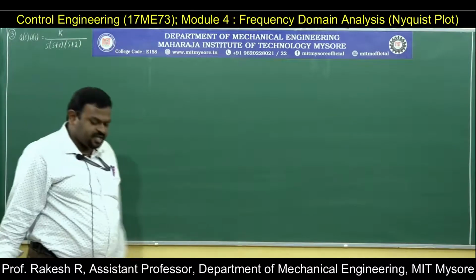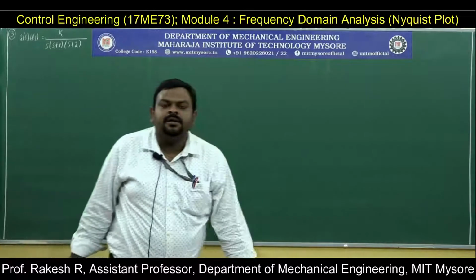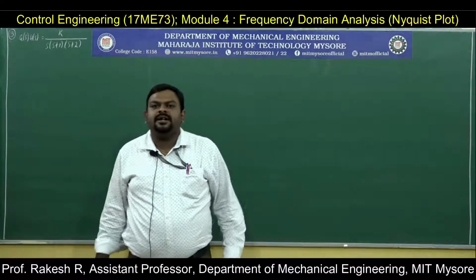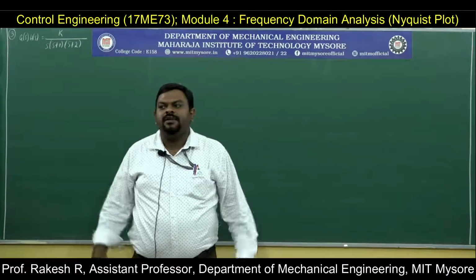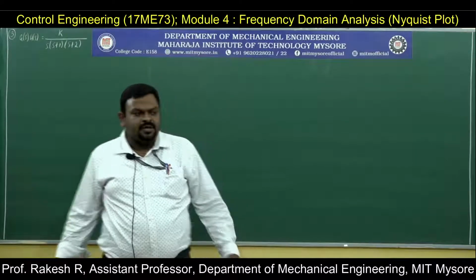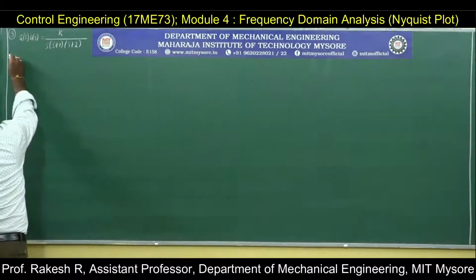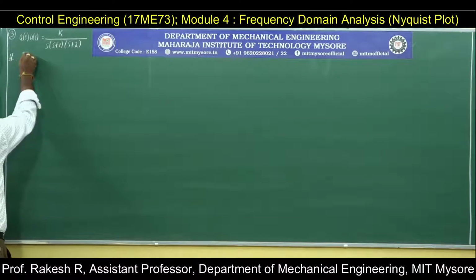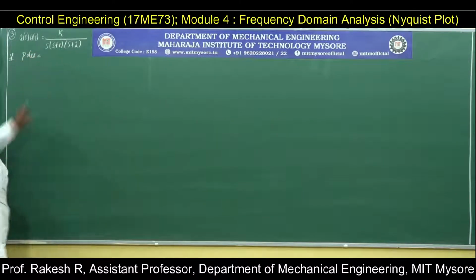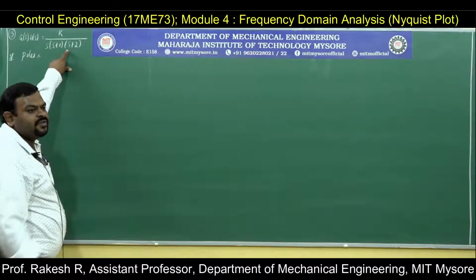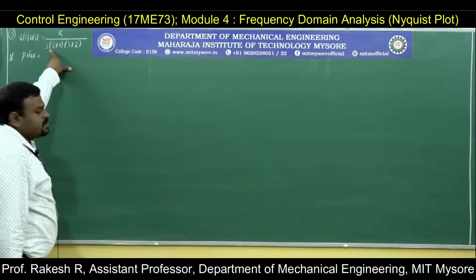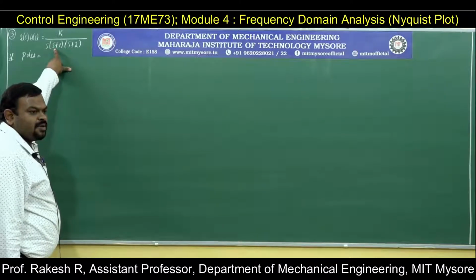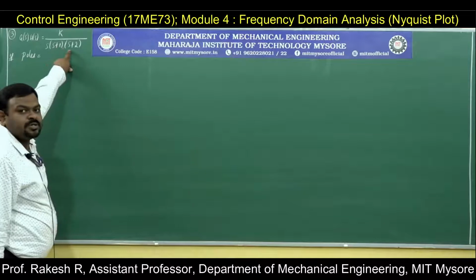As usual, the procedure is you have to calculate poles at RHS and encirclements about the critical point minus 1 plus j0. Let us start the solution. The first thing we have to calculate is poles. Poles are the denominator factors you have to equate to 0, then s is equal to 0, s plus 1 is equal to 0, s plus 2 is equal to 0.